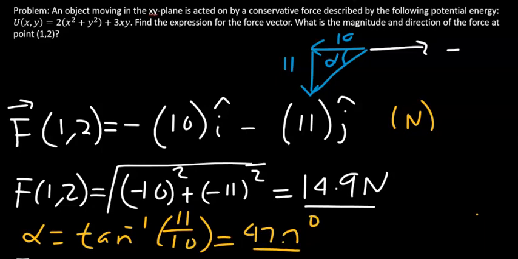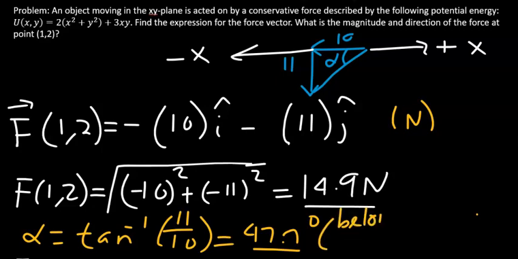So this is the plus x-axis and this is the minus x-axis. So we say the direction of the force at point (1, 2) is 47.7 degrees below the negative x-axis. And that solves the problem.